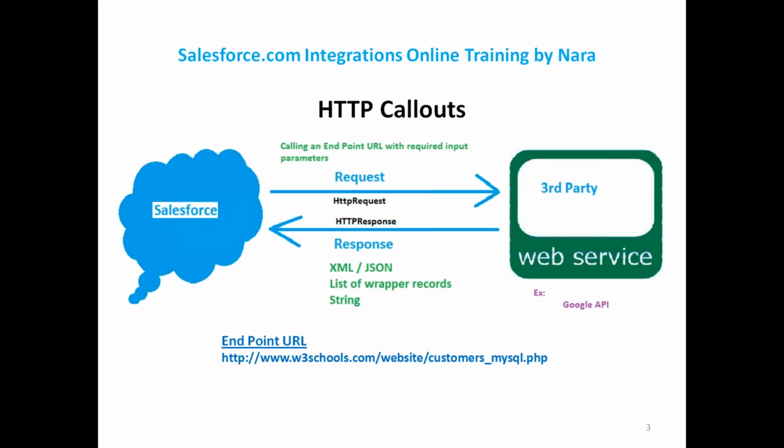What is set method? Set method contains either get or put. Get means we are getting the response. Put means we are posting something. In this case we use get because I'm going to get the response from the third party service. HTTP response is just using a string variable to store the response parameters.